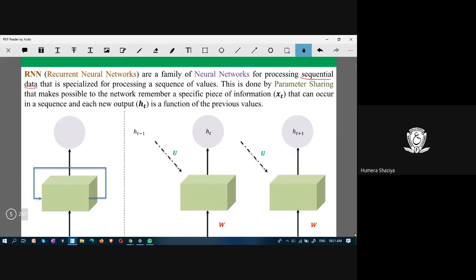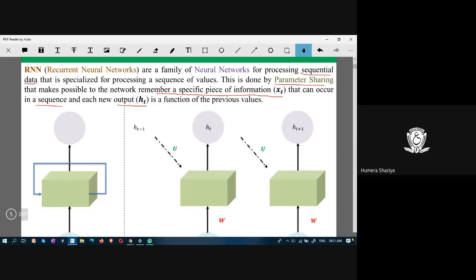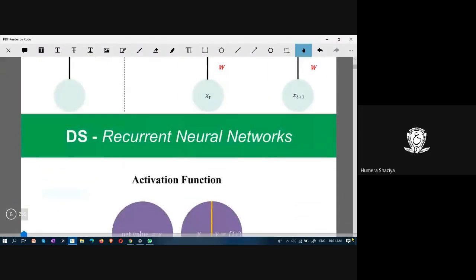And how is this implementing this functionality? Through parameter sharing. And the network remembers a specific piece of information, xt, that occurs in sequence, for each new output is a function of the previous value. Let me give you the architecture.